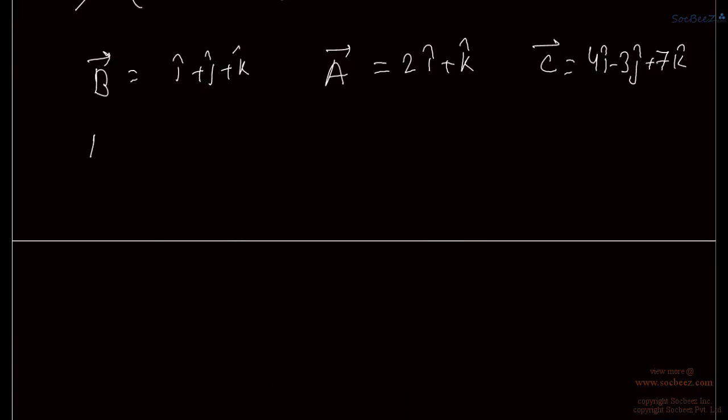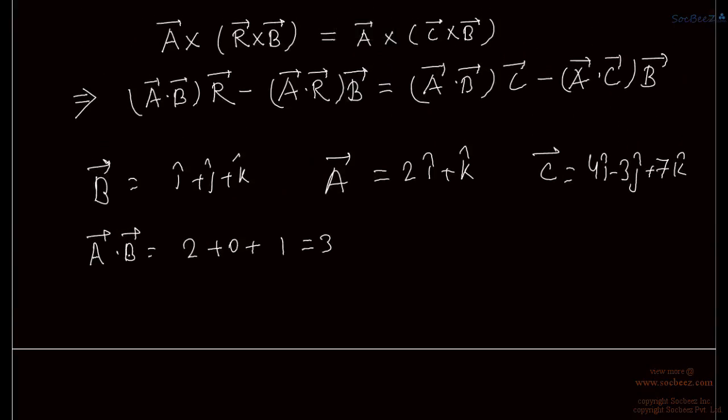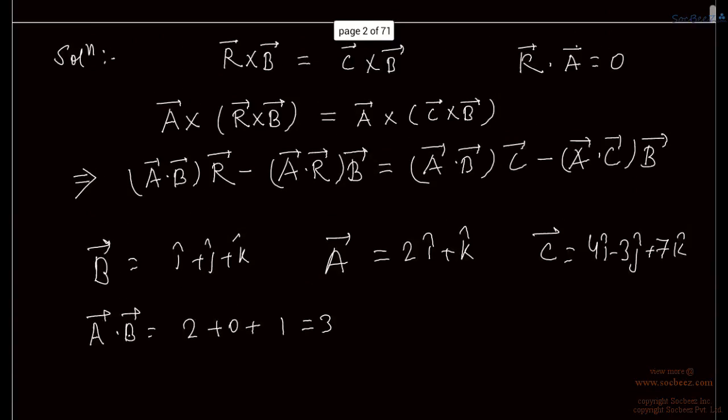So what is the value of A dot B? A dot B is i times i means 2, plus j times nothing means 0, plus k, so A dot B is 3. A dot R is 0 because R dot A is given as 0, so A dot R is equal to R dot A, which is equal to 0.